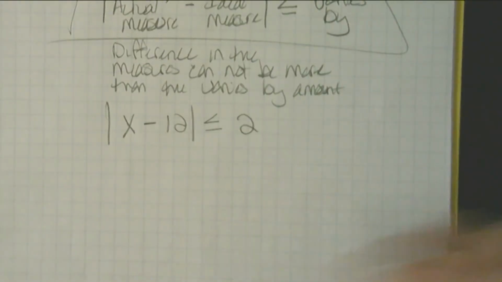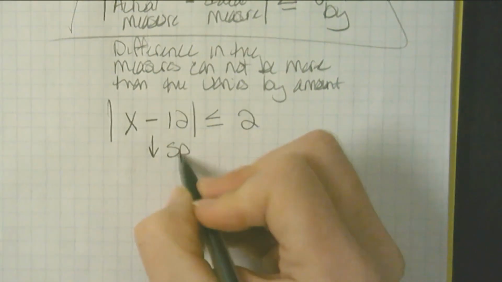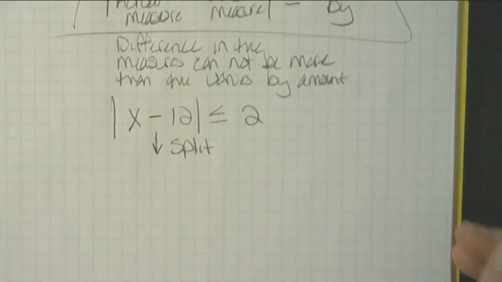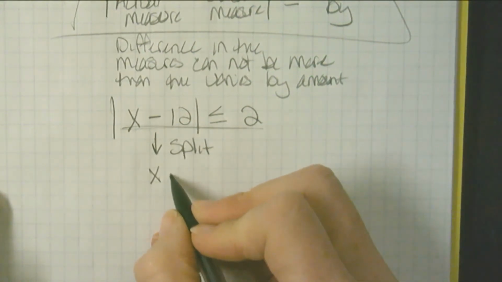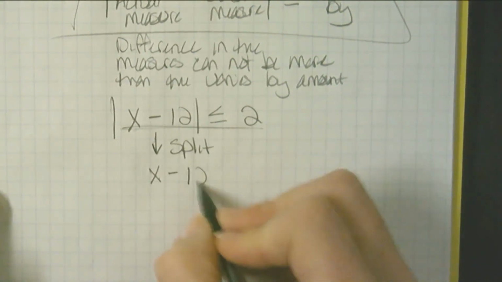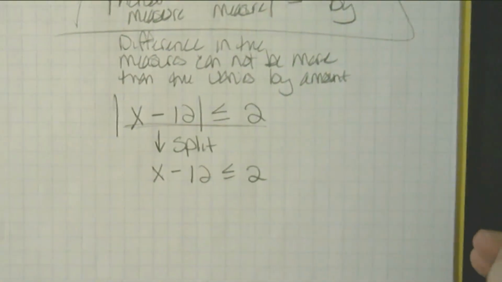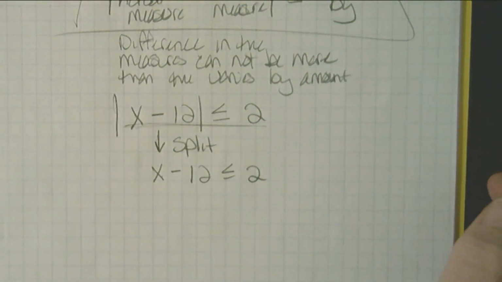I need to split this. Remember, write down exactly that same inequality without the absolute values. So x minus 12 is less than or equal to 2. But then what else do I have to add on to the other side? Serena?